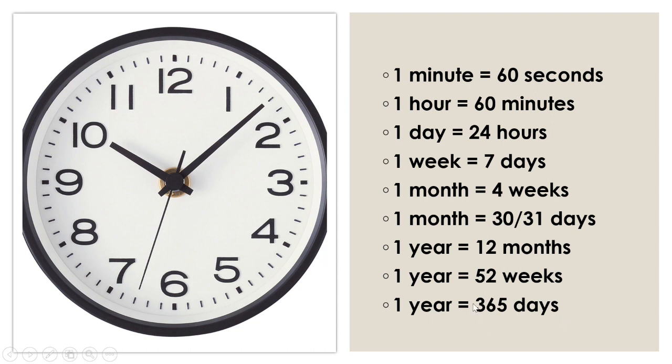So dear children, the time taken by earth to go around the sun is 365 days full and 1/4 of a day. So 1/4 plus 1/4 plus 1/4 plus 1/4, 4 quarters will make 1 day.